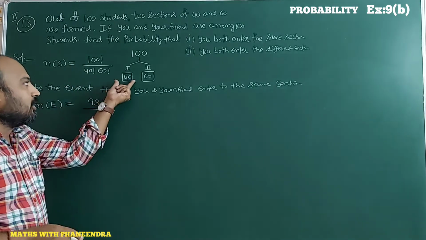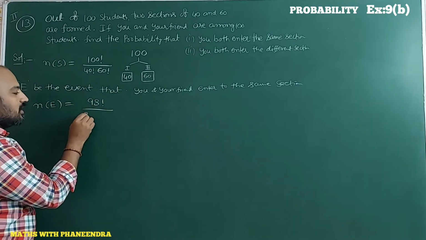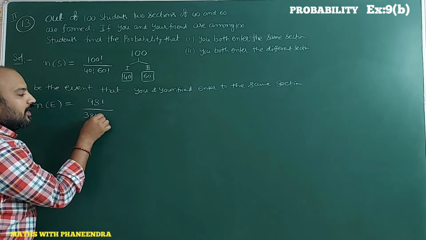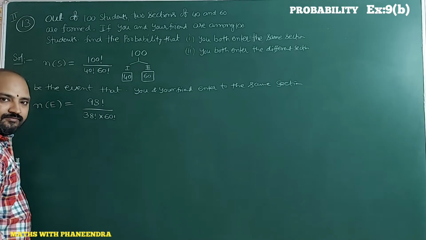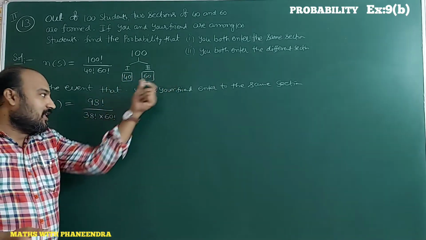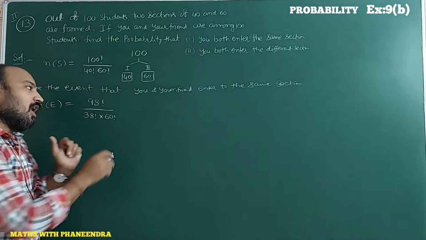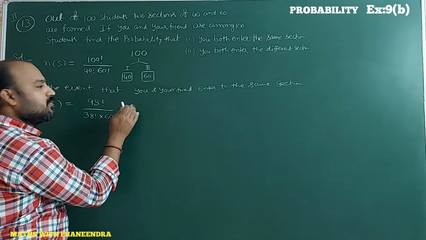Suppose if you are entering into the first section, this 40 will become 38 only. So 38 factorial into, we cannot disturb the second section as it is, you can write 60 factorial. This is one of the possibilities. You both enter into the first section, or means plus. In the next step we will write it. Or means plus.